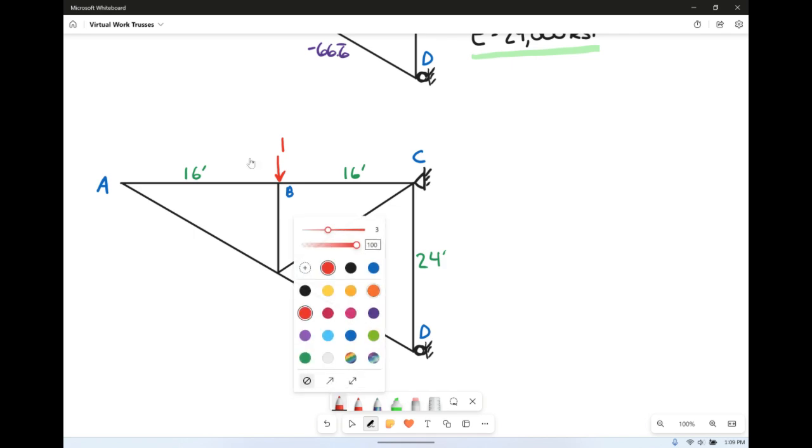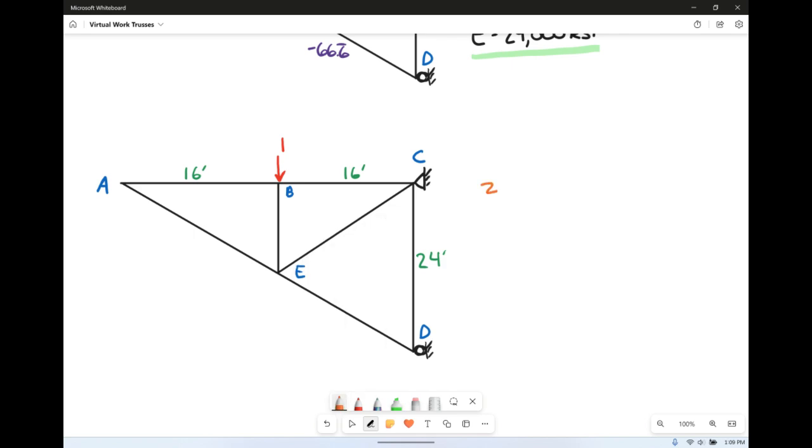So to start with, let's find some zero force members. If you look at joint A, you see that we have 2 members, and it really doesn't matter what the angle was. So these 2 members are also zero force.